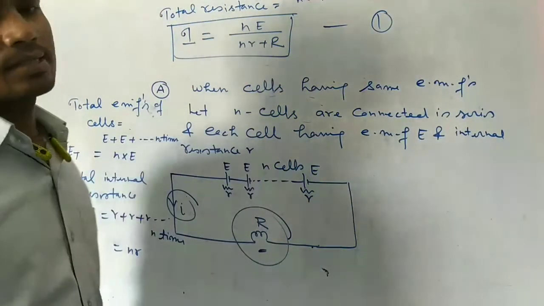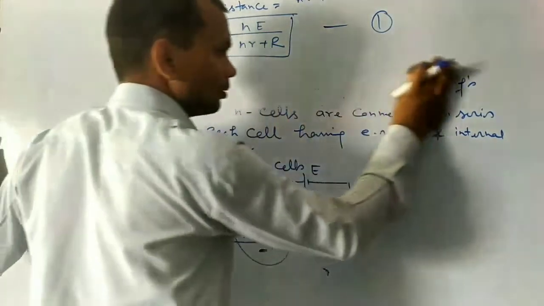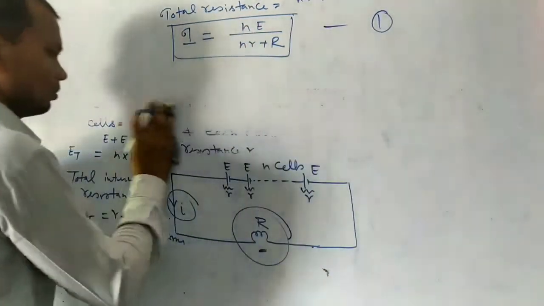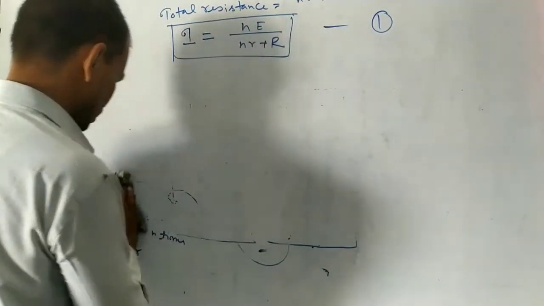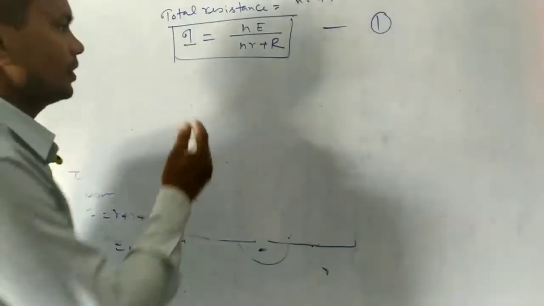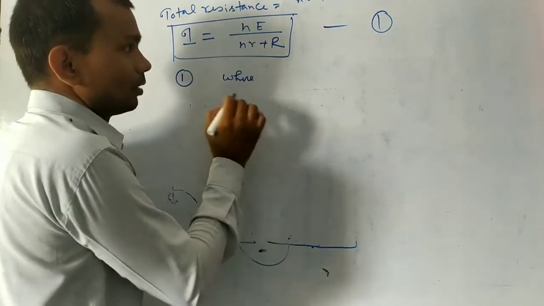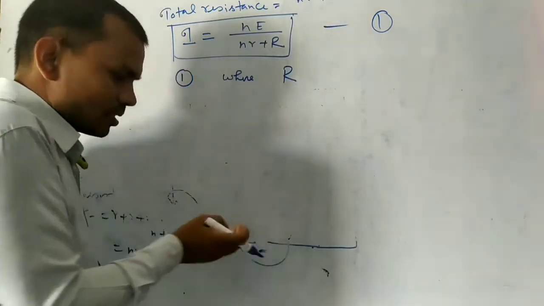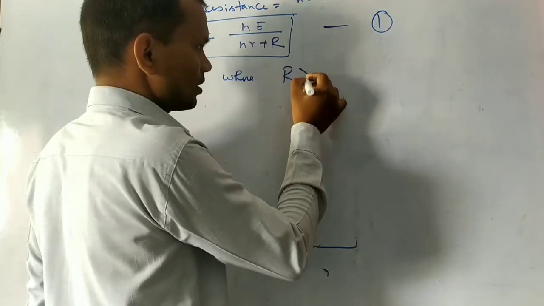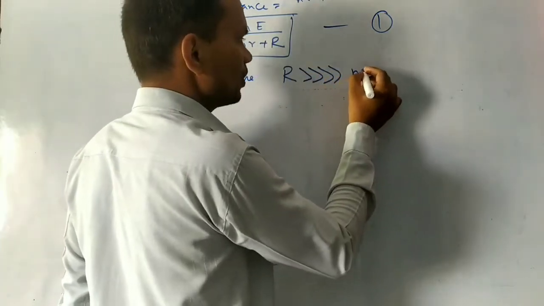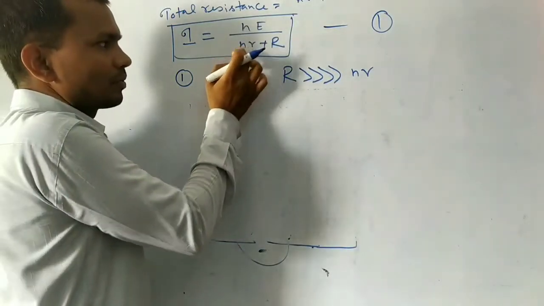Now here two conditions are there. First one: when the external resistance, meaning the resistance of the bulb or any resistance you want to take, is very much greater than the total internal resistance, then we can easily neglect the internal resistance from this.